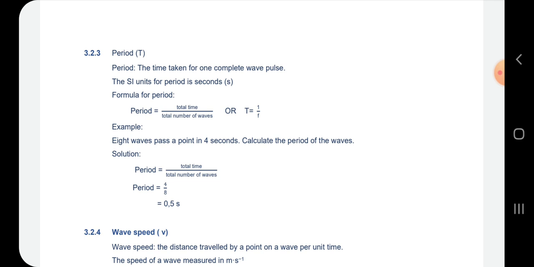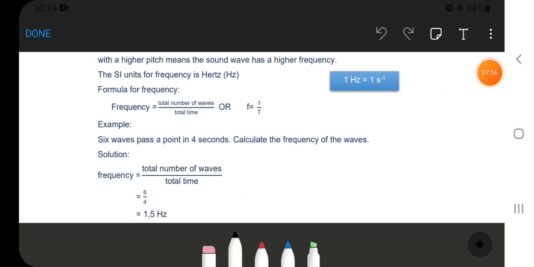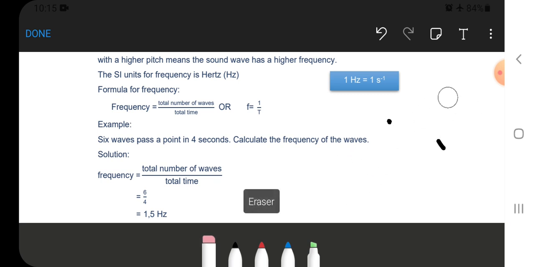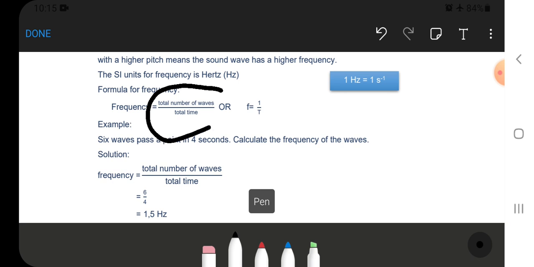Okay, so frequency is equal to number of waves, as you can see here, but time is the opposite of that. Frequency is the number of waves divided by total time.